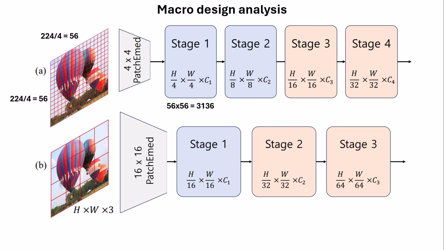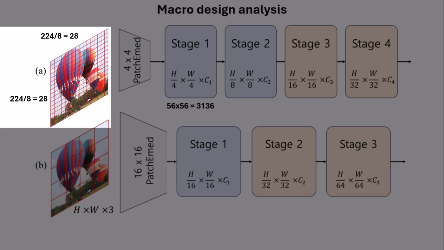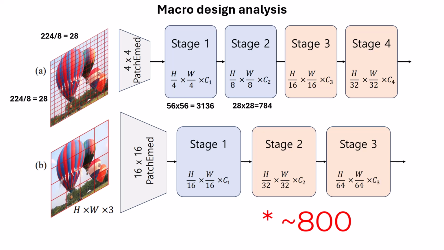But for the second stage, if I use 8x8, that means I have 28 on the height and 28 on the width, and multiplied together, I have around 700. So in the second stage, I have around 4 times fewer tokens. So the second stage should be much less computationally expensive compared to the first one, especially because of the quadratic complexity that we already have in the attention module.